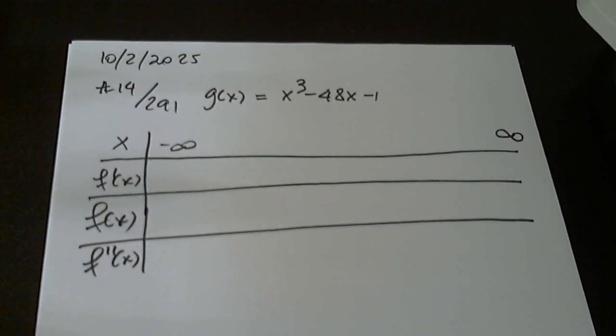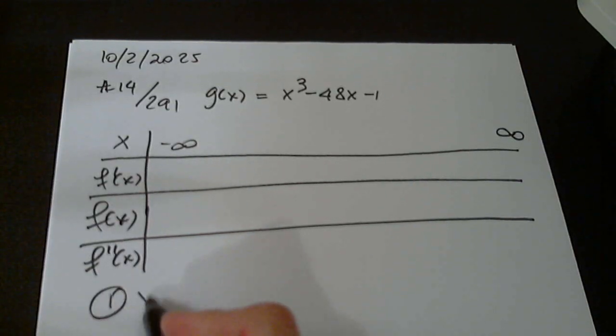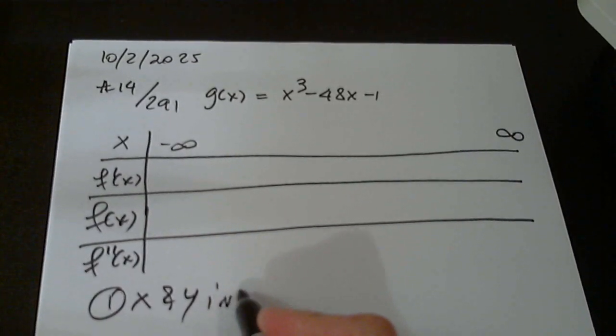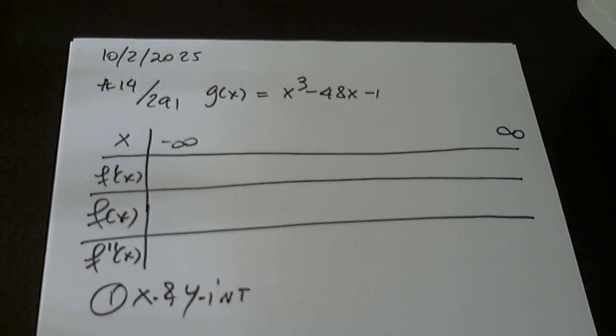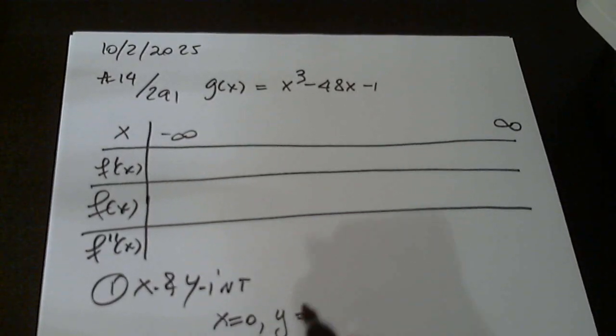Perfect. I have to find the x and y intercepts. X and y intercepts always. We always look for the x and y intercepts. Can anyone tell us when x is 0, how much is y?